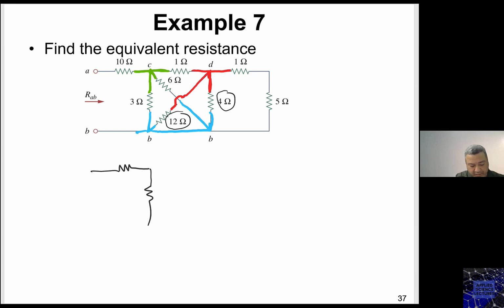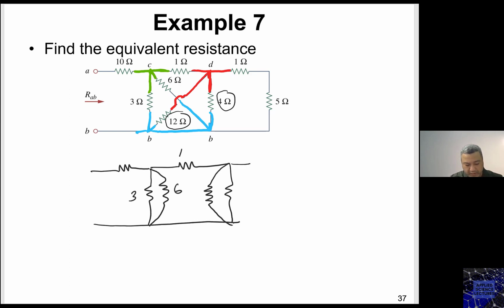So here I have 3, 6, and 1. Then I have the 12 and the 4. Then 1 and 5.